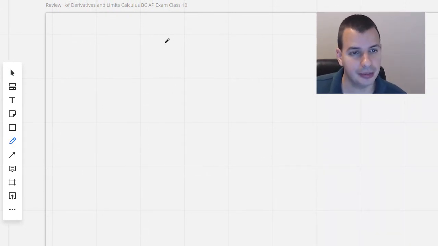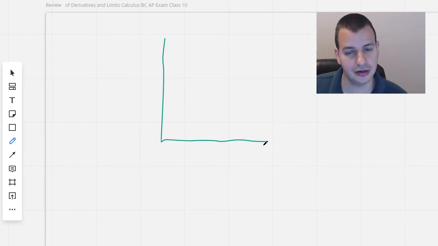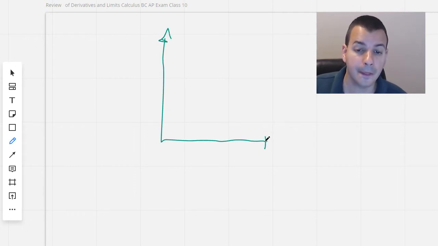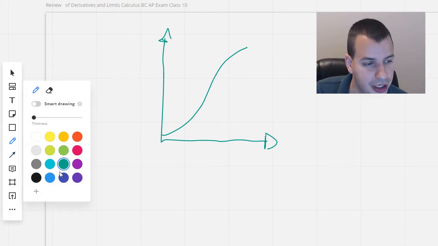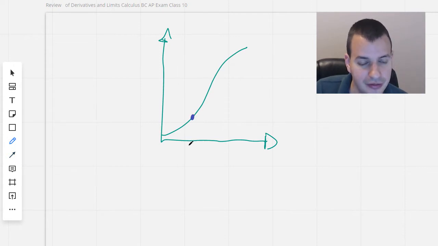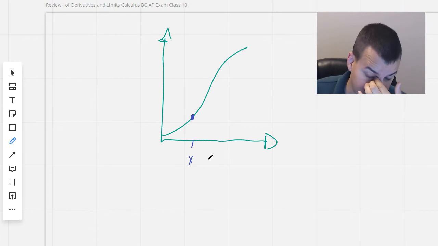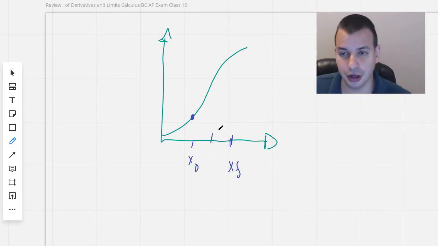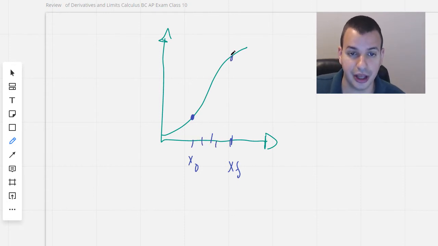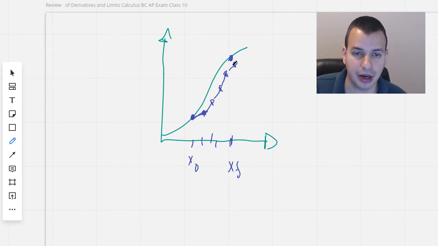So the idea with linear approximations is you have some sort of graph that you're trying to approximate new points on, and you're given some sort of x here, we'll call it x initial, and you have some sort of x final here, and you have so many steps you want to take between one and the other, and you take the derivative, multiply by a step, and you work your way up to an approximation point.